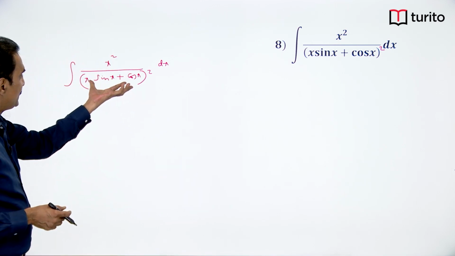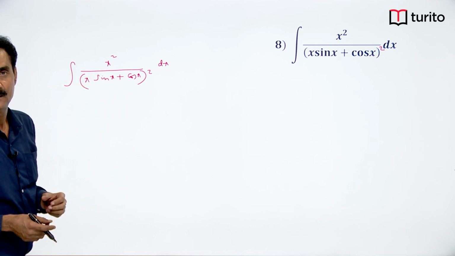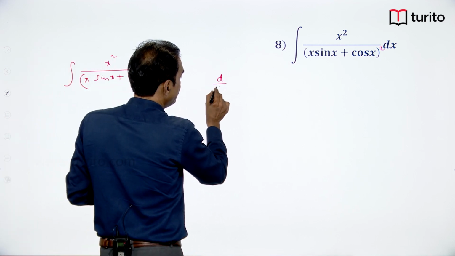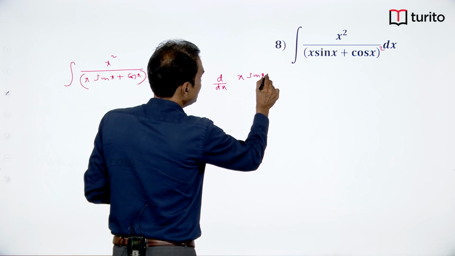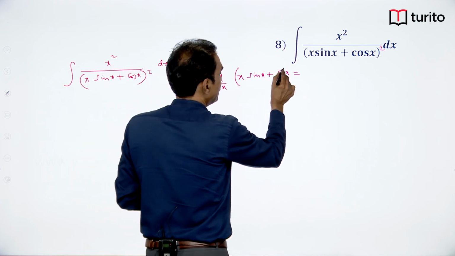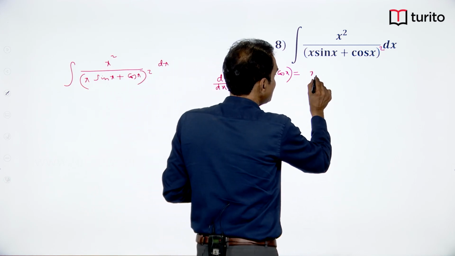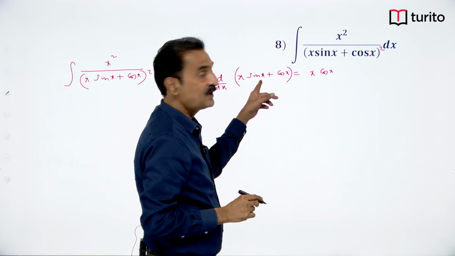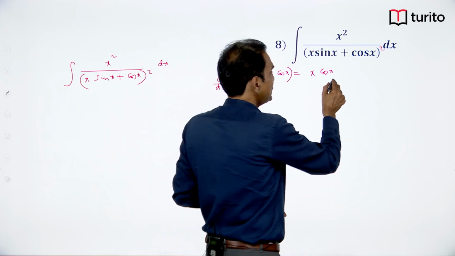Since this is a long expression compared to this, let us check what is the derivative of this. d by dx of x sin x plus cos x is derivative of x sin x is x into cos x, UV rule, x into derivative of sin x is cos x plus sin x into derivative of x is 1.